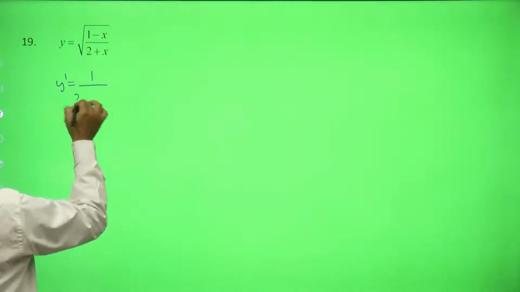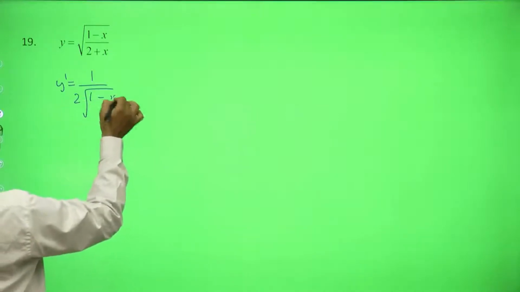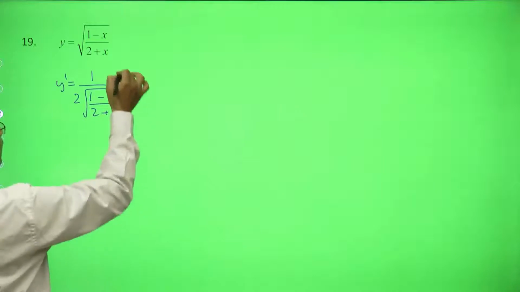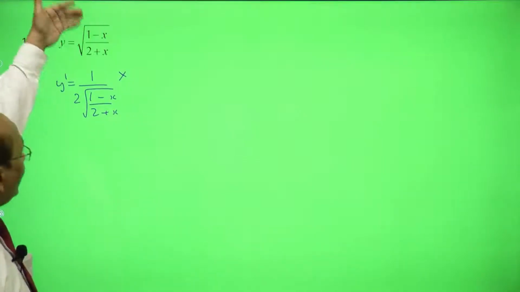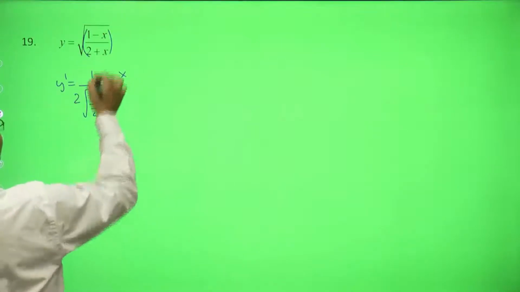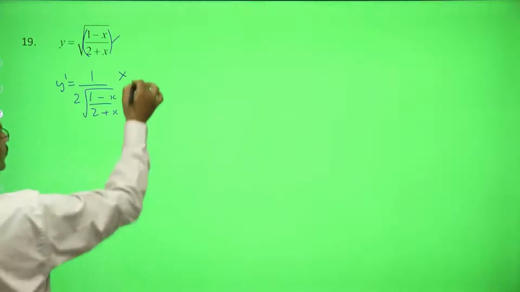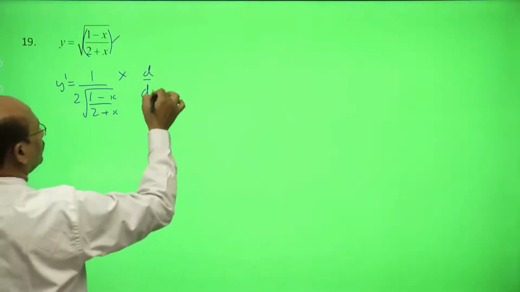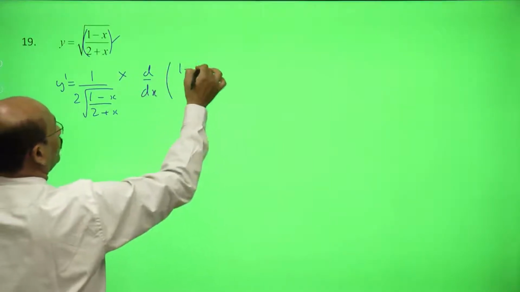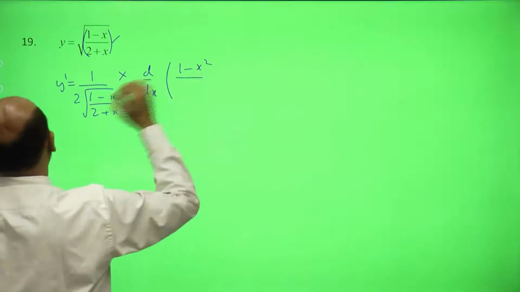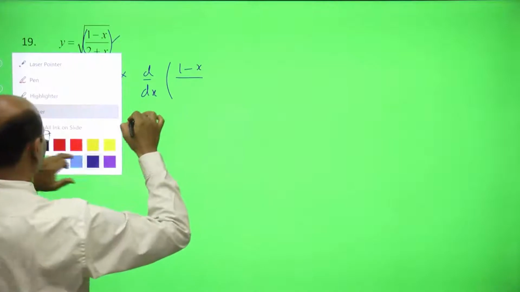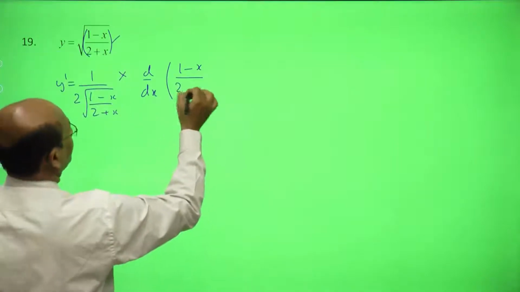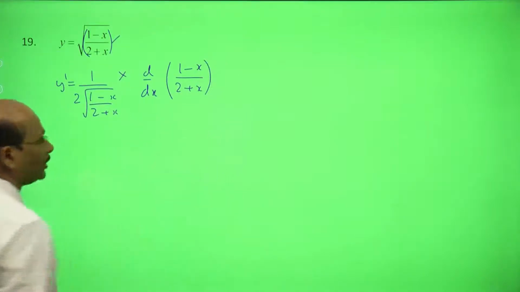So 1 upon 2 root of 1 minus x upon 2 plus x, into, hold your breath, root derivative is 1 upon 2 root, and inside there is again one function. This is the root derivative, then you take the inside derivative, don't put root because you already found the derivative of the root, derivative of 1 minus x upon 2 plus x, chain rule.